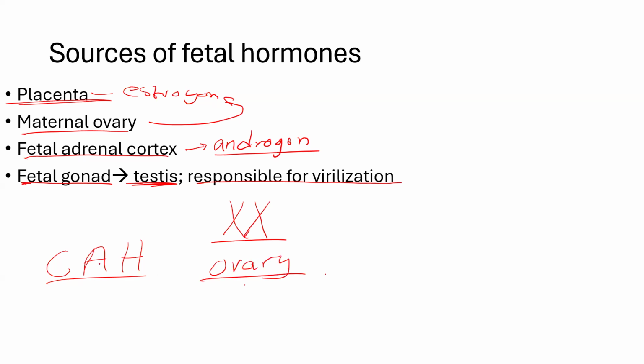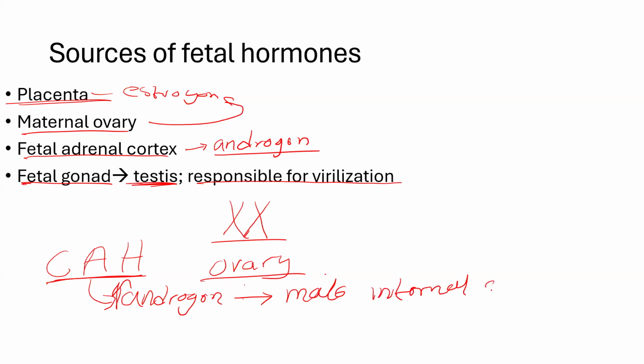But because there will be a lot of androgens in circulation, you will have male internal and external genitalia. That can happen. So you have an ovary, but the external and internal genitalia are those of a male.